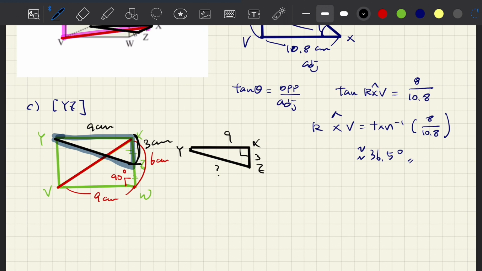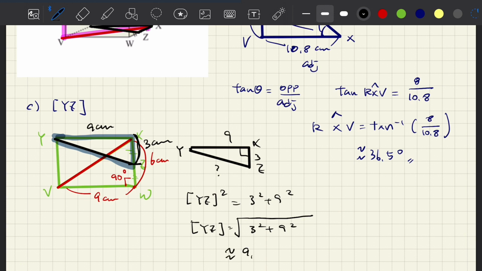So line YZ squared is equal to 3 squared plus 9 squared. Then line YZ is the square root of 3 squared plus 9 squared. So this gives the answer of about 9.49 centimeters.